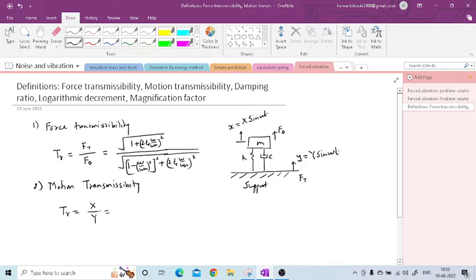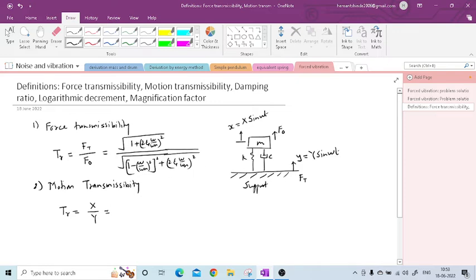Now here suppose the support is vibrating, and because of that this system is vibrating, then we can write x divided by y. Or suppose this system is vibrating and it transmits the vibration to this support, then we can write y divided by x.